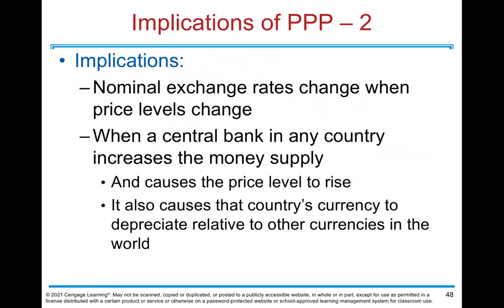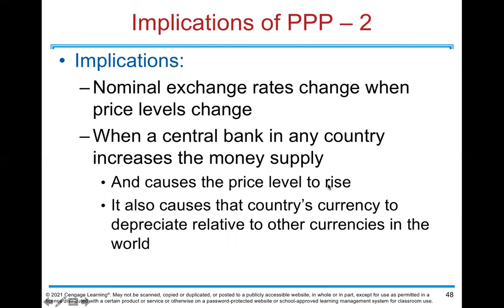So it means that nominal exchange rates change when price levels change. If we assume the real exchange rate is stable, that means that changes in price levels induce changes in the exchange rate. And of course, what changes price levels? Well, we know that money supply changes price levels. So when a central bank increases the money supply, that causes the price level to rise.